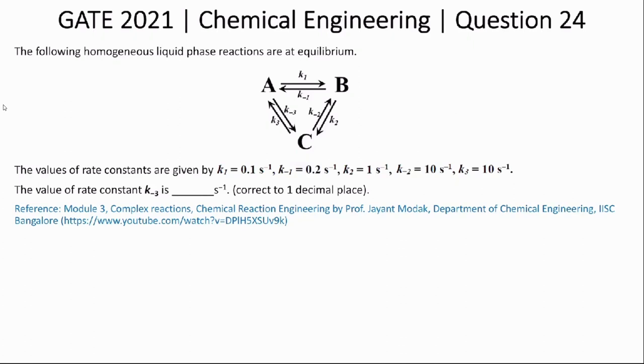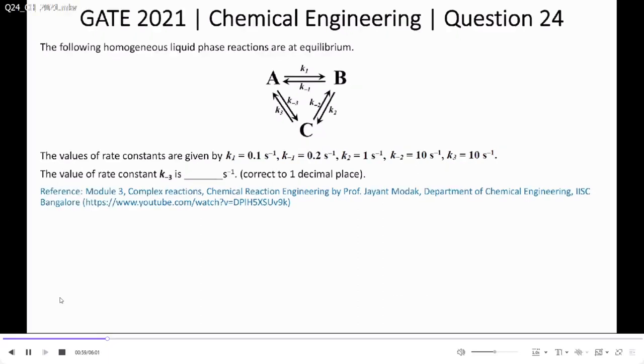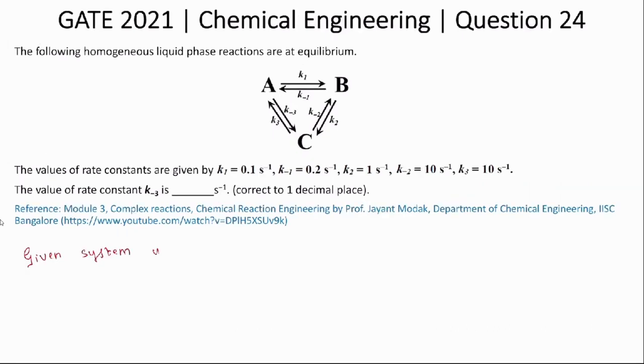The concepts that you need to remember here are about reversible reactions and equilibrium constants. So let us write the equilibrium constants. The given system is a cyclic reversible system, and these are also at equilibrium.